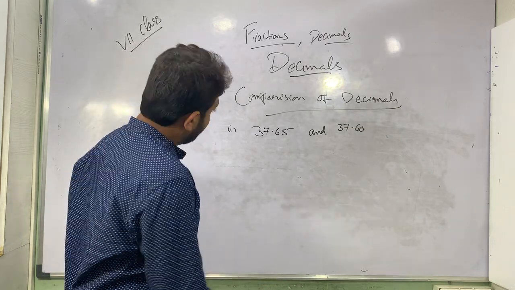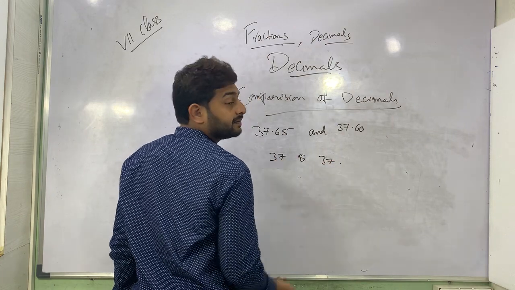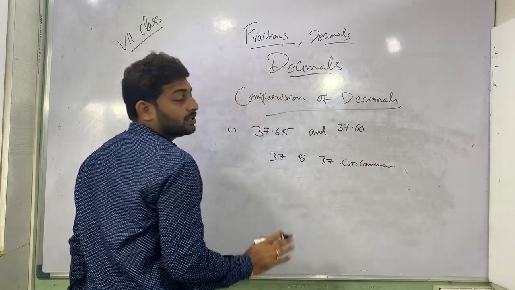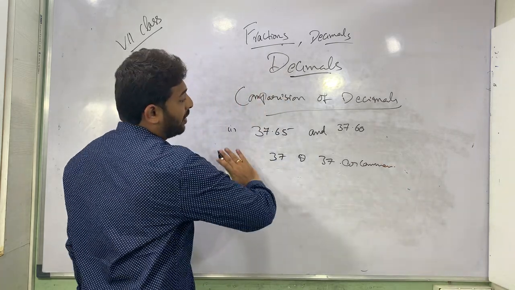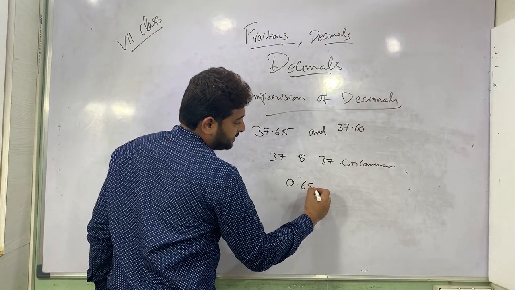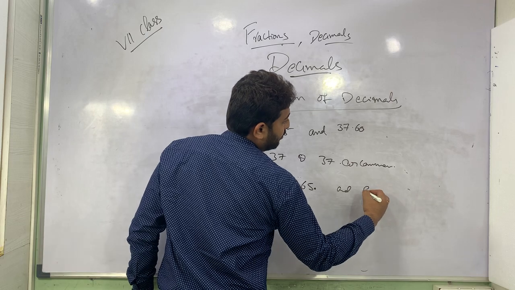When you look at both numbers, 37 and 37 are common, right? So you need not worry about it. Now after the decimal point, 0.65 and 0.60.